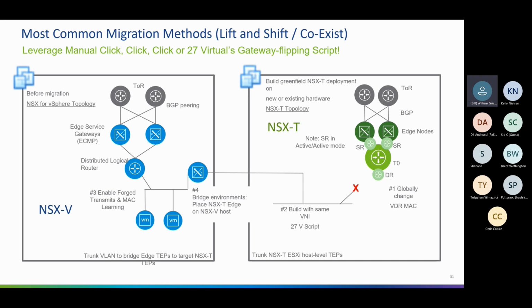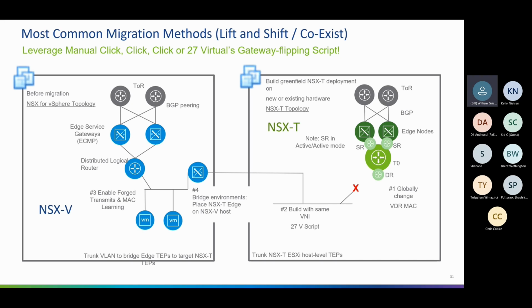And then we also have to make sure that we enable forged transmits and MAC learning on the NSX-V side. And the bridge is deployed on an NSX-V host. It's an NSX-T edge on an NSX-V host, right?